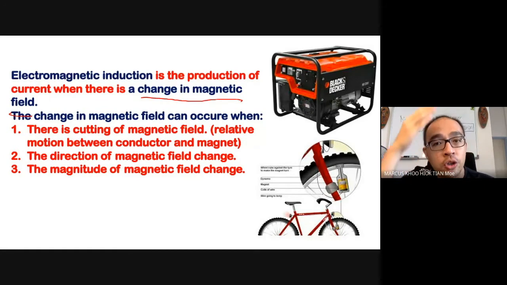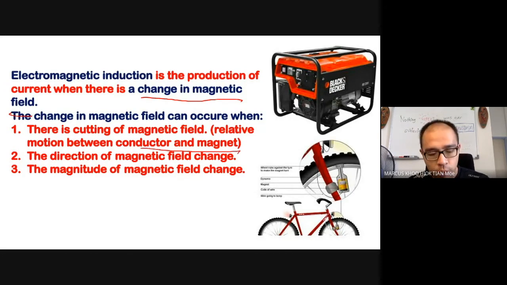Number one, you cut the magnetic field. Okay, when you cut the magnetic field means there is a relative motion between the conductor and the magnet. Means your wire and your magnet, there is movement between them that causes cutting, there is a cut in the magnetic field. Pemotongan medan magnet.